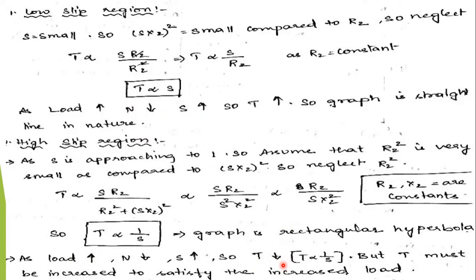Due to the torque decrease, speed will be decreased abruptly. As the speed decreases, again from this equation the same circular rule follows. As the torque decreases, speed decreases. As the speed decreases, slip increases. As the slip increases, torque further decreases. And overall, it stops the motor.